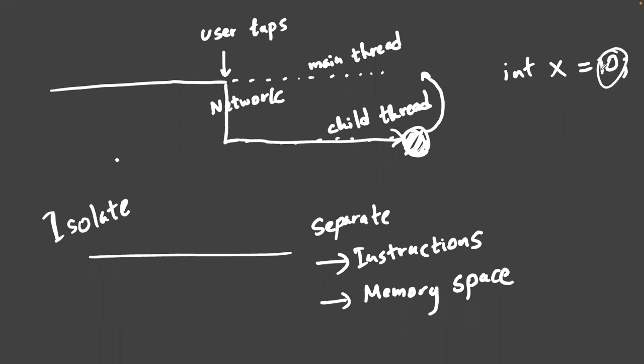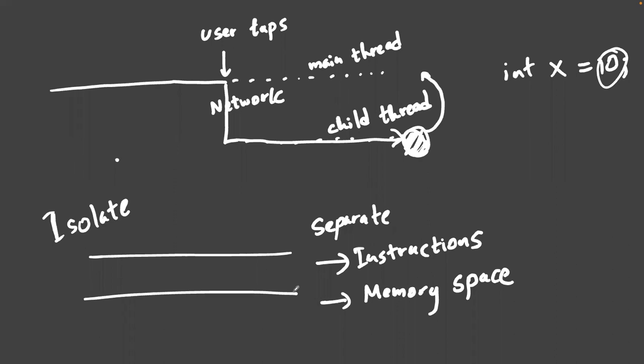But in Flutter, we cannot do that, because each thread or each isolate will be isolated in 2 separate things. One is the instructions, the other one is the memory.